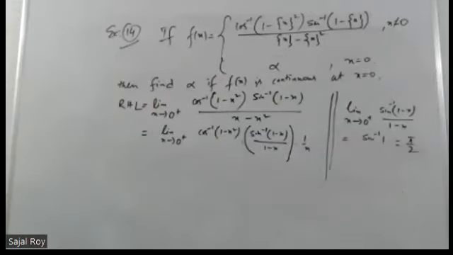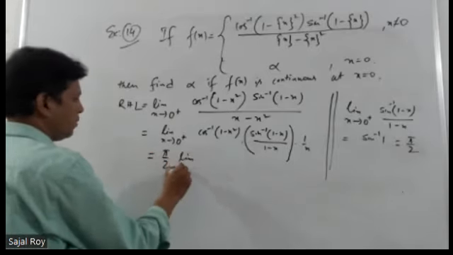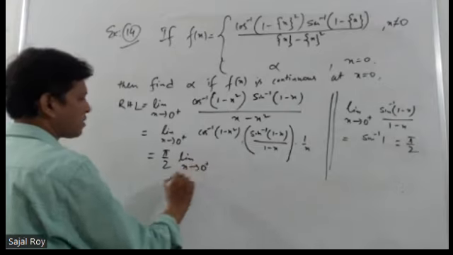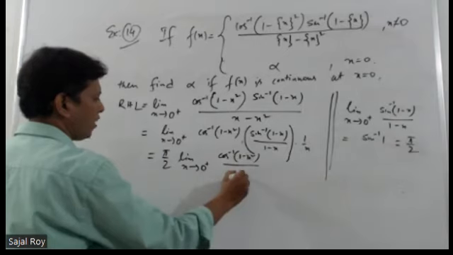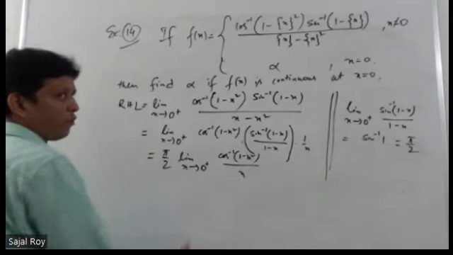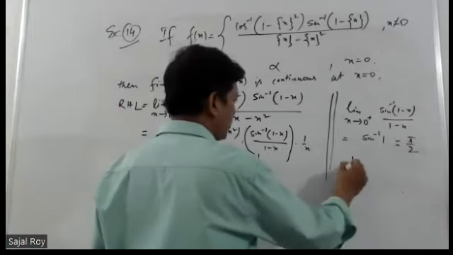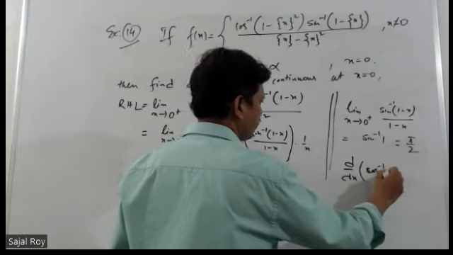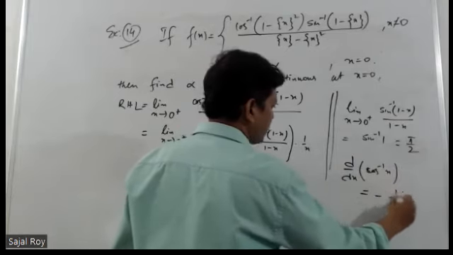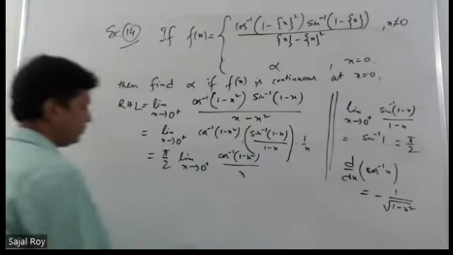This is the inverse function, and I am considering the principal value. So it will be pi by 2. Limit x tends to 0 plus of cos inverse of 1 minus x square over x. Now this is 0 by 0 form. What is the derivative of cos inverse x? Minus 1 over root of 1 minus x square.